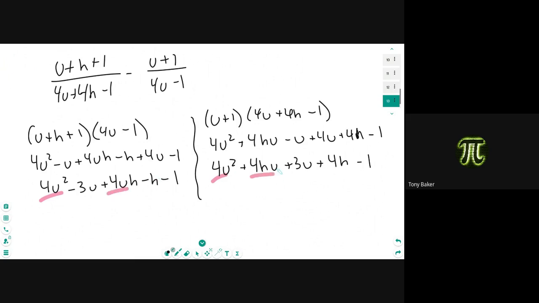That cancels out with that. And I'm left with negative 6u plus minus 5h. And that cancels out. And that cancels out with that.